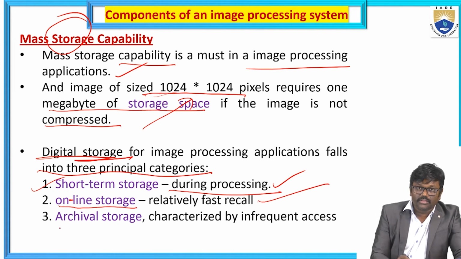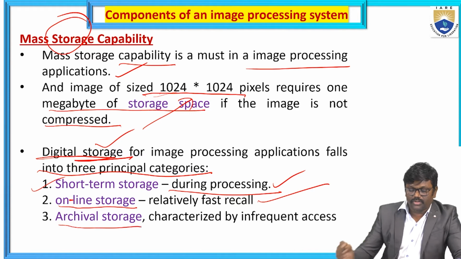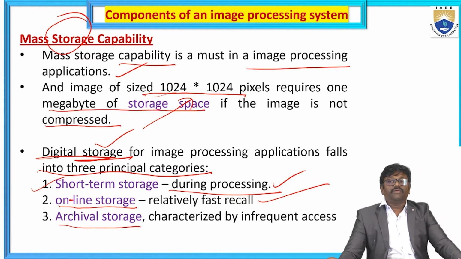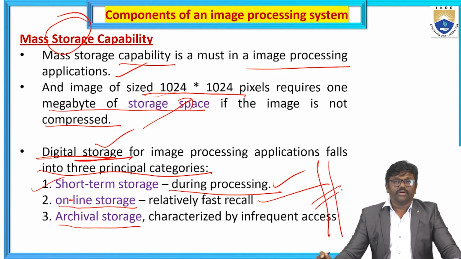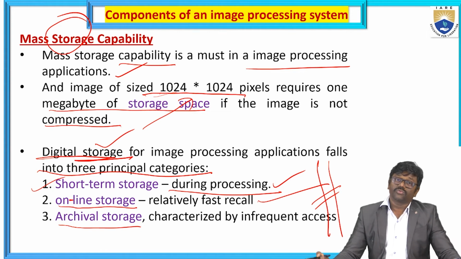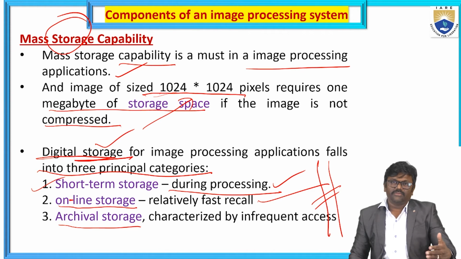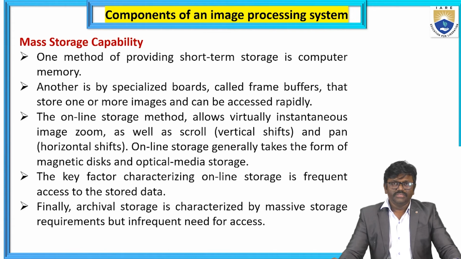And the third principal category of digital storage is archival storage, that is characterized by infrequent access. So we are going to divide the storage process into three different categories. Once you understand this, we will see the next one.